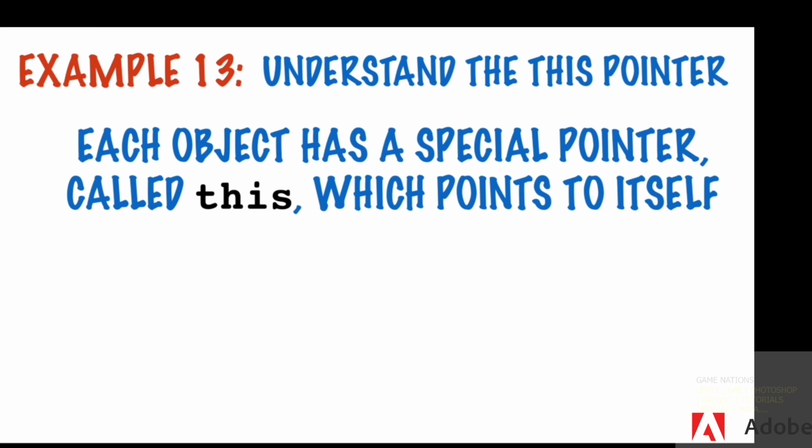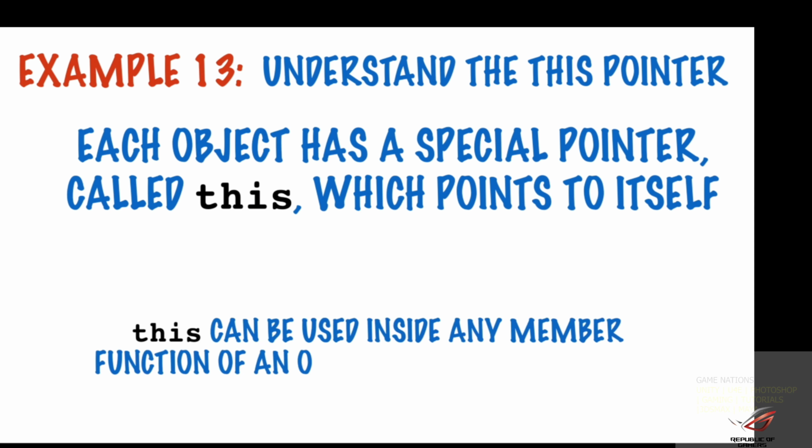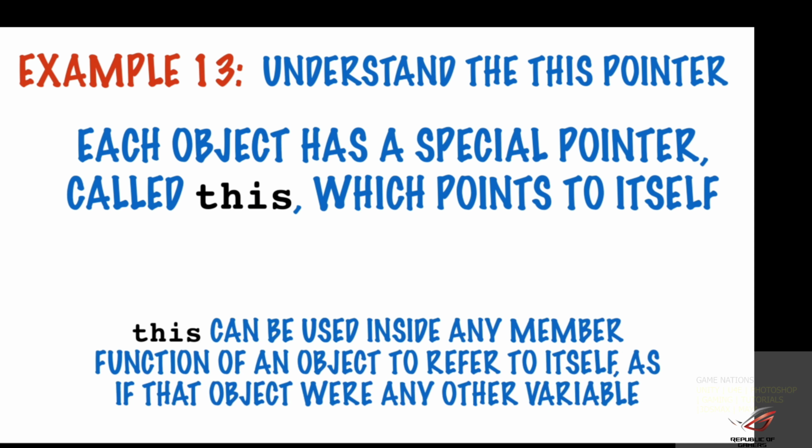I know the analogy is breaking down a little bit, but use this to imagine what the this pointer points to. The this pointer is used inside member functions of a class. It is used within a member function to refer to the object itself, as if the object were any other variable.